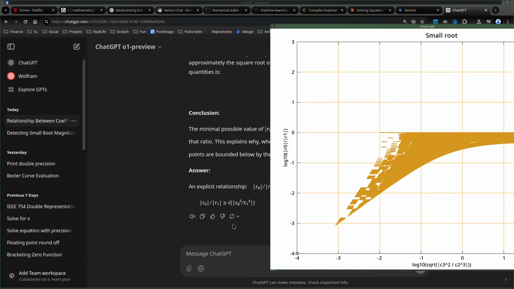Well, not even. A half here. This is square root there. It's just not true.